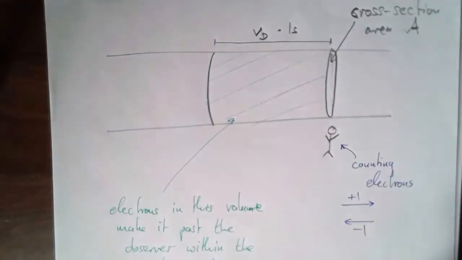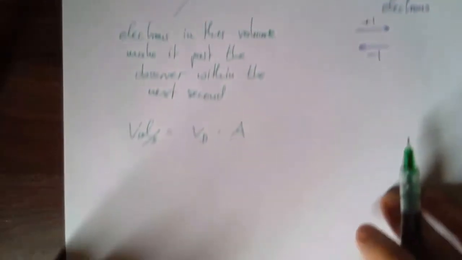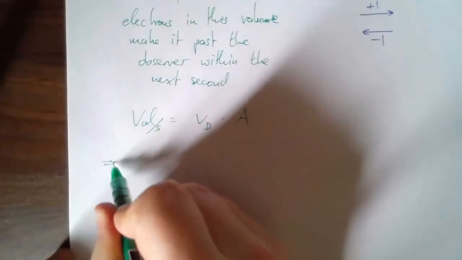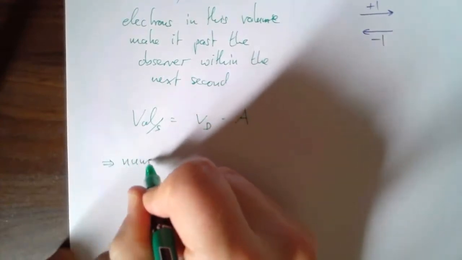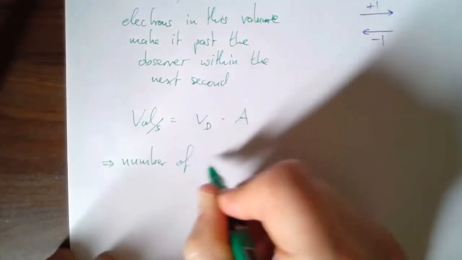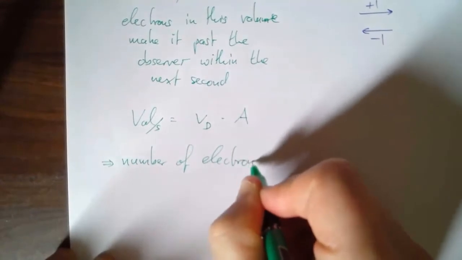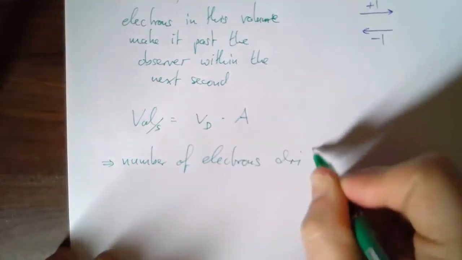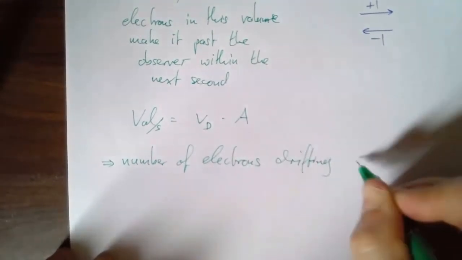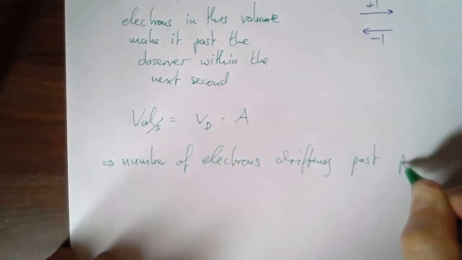Okay, but that's the volume. How many electrons is that? Well, we're going to get the number of electrons drifting past per second.